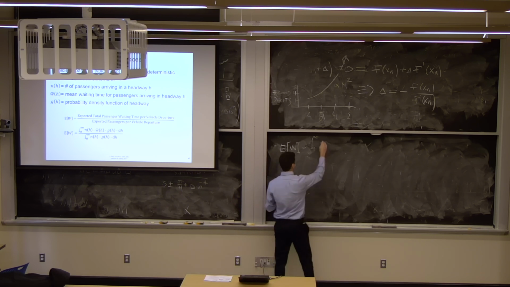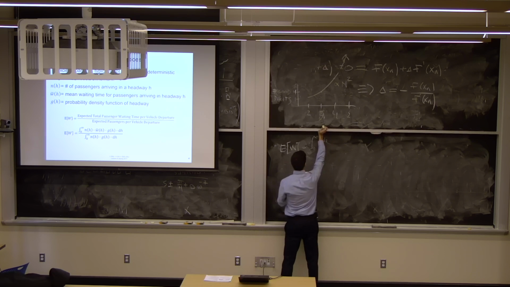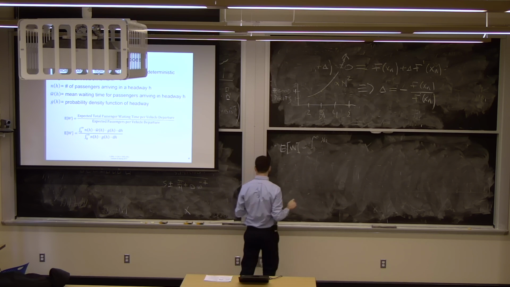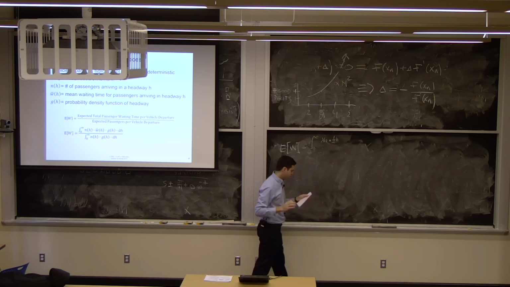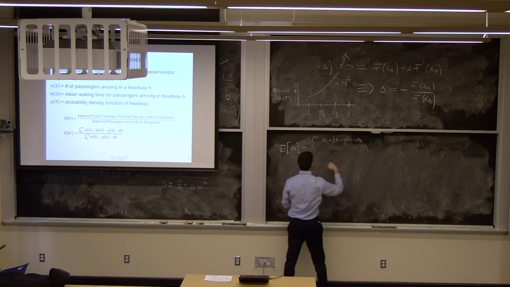So let's just put that in: lambda h. And then for waiting time, we said it was going to be half, so 1/2 h, and then we're going to multiply times the PDF, the probability of that headway, times dh.